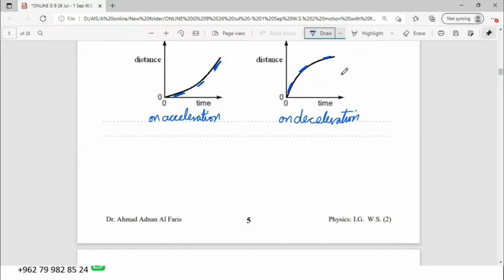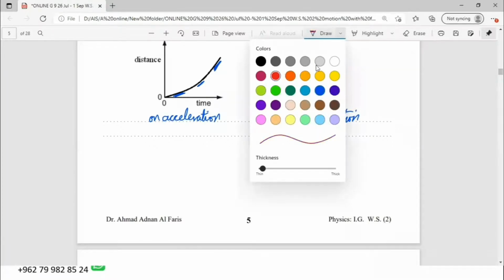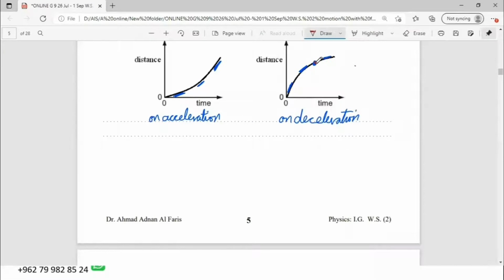Okay. Now if a question comes and asks, for example, how much is the speed at this moment? Here at this point, how much is the speed? What do I do? How can I find the speed at this moment? Tangent, rise over run. Bravo. What's the first thing I do? I draw a tangent line.